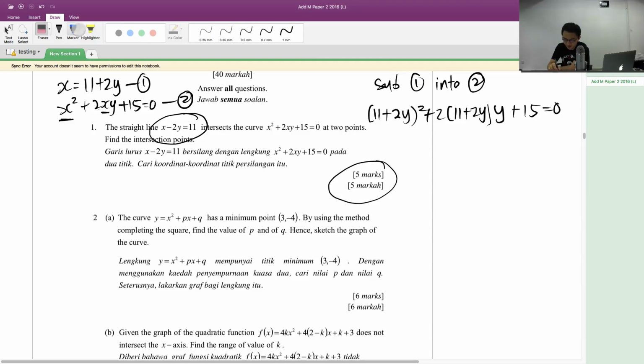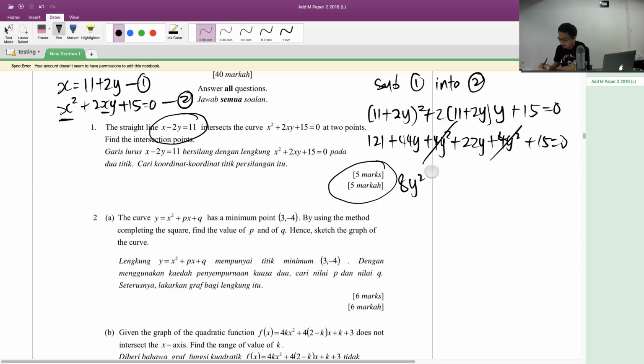Let me just do a quick one. So I will have a pen. This is 121 plus 44y plus 4y squared plus 22y plus 4y squared and then plus 15 equals 0. And then we solve: 4y squared and 4y squared is 8y squared, 22y and 44y is 66y, and 15, this should be 135.